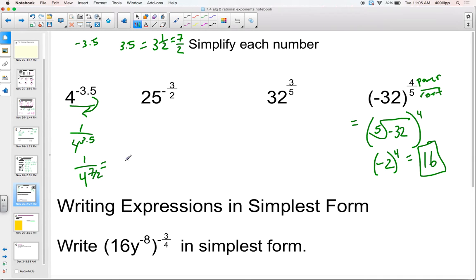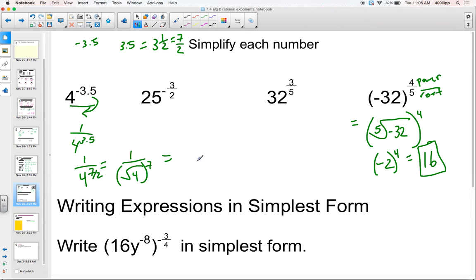And then we use power over root. So power is 7, root is 2. This is the square root of 4 to the 7th power. Okay, so we'll take the square root first, because you're going to do the square root whenever it's a perfect square. If it's a perfect square, then do that first, and then you'll do the exponent.